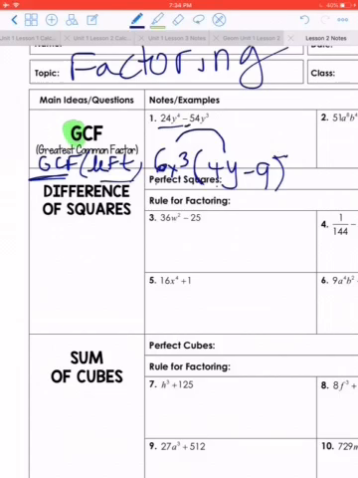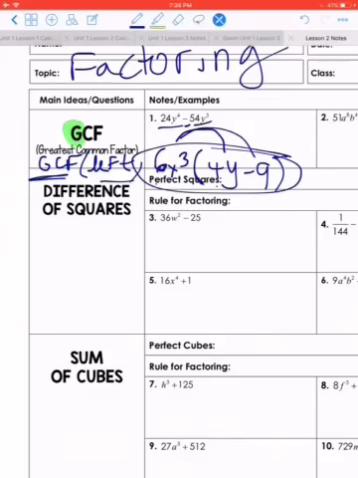You already have a minus, but then if you distribute again, 6 times 9 is 54, and y to the third. So you're basically doing the opposite of distributing when you're factoring. That's really exactly what you're doing, the opposite of distributing.